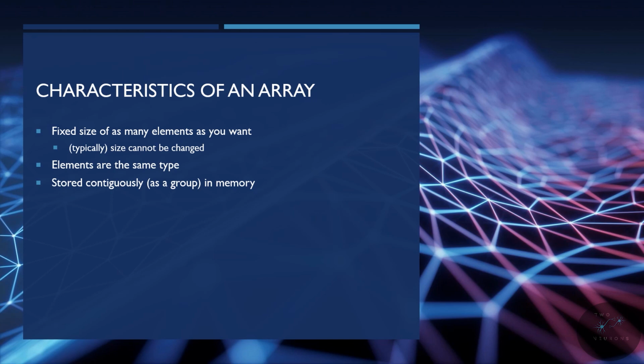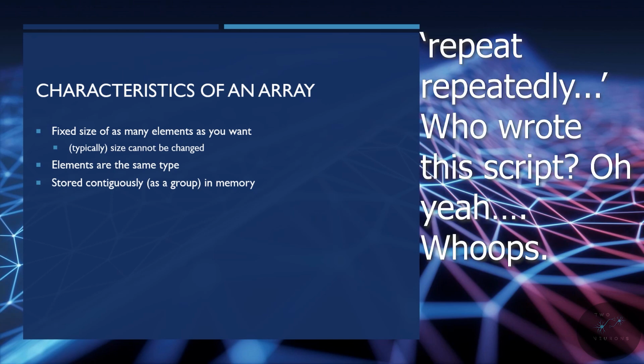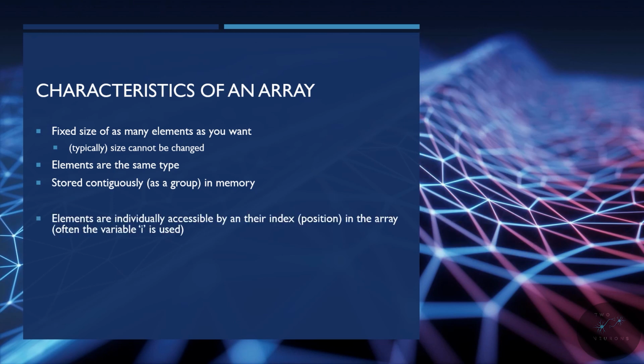Now, this next part is very important, and it's something else I'm going to repeat repeatedly. Elements in the array are individually accessible by the position, as I've said, and you'll often see the letter i as a variable name used when accessing a particular index. So i would be index. And again, the very, very important part of this is that the first index in an array is 0.